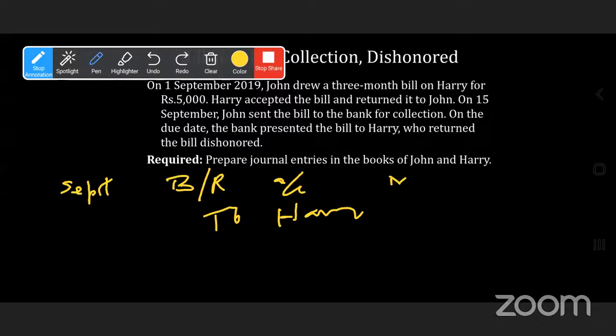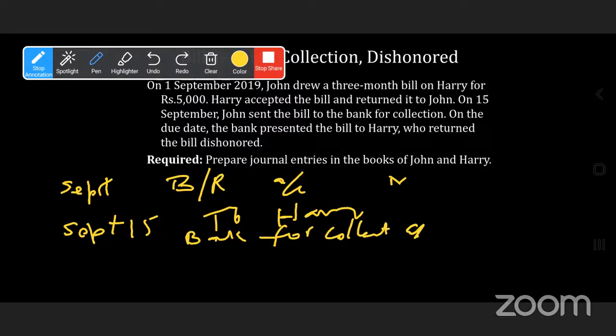Now, on 15th September, John sent the bill to bank for collection. So September 15, he has sent the bill for collection. Bank for collection account debit to bills receivable account.